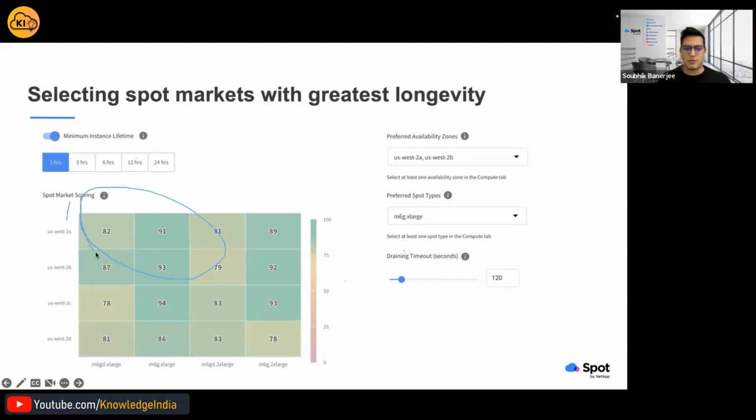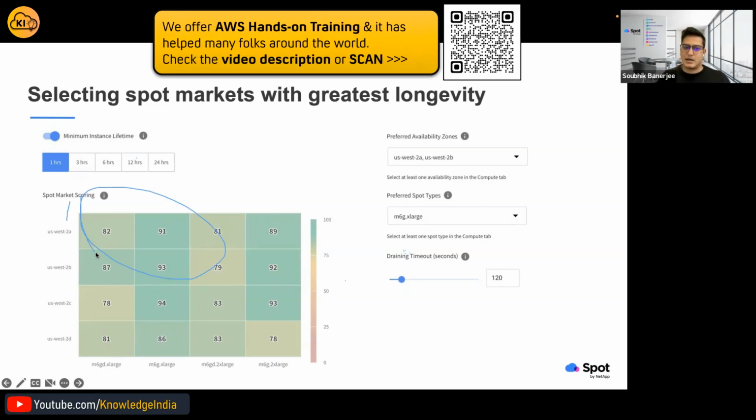So what does the spot market scoring designate? Basically, it assigns you a score based on the instance type in the particular availability zone. What does this score mean? The higher the score, the higher the probability of an instance staying without an interruption. This score is assigned by the algorithm that is reading the spot markets and understanding how long an instance can stay without being interrupted.